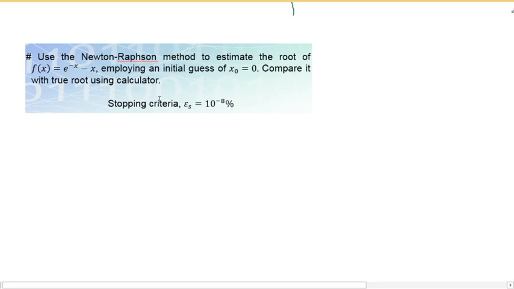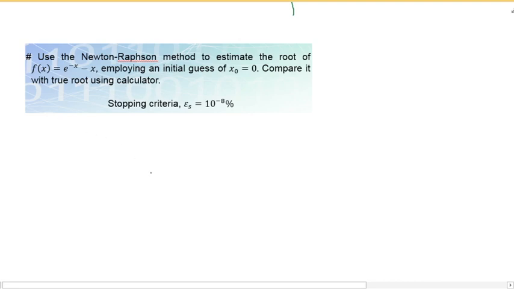So this is our problem here. Now we'll be solving this.